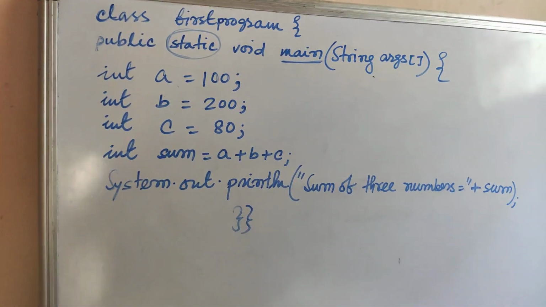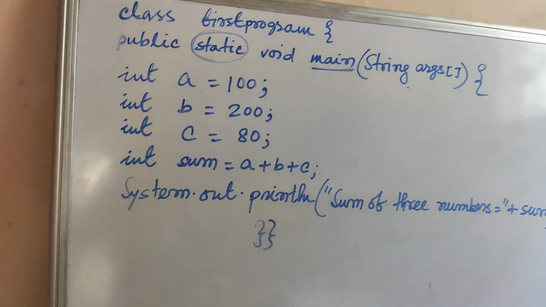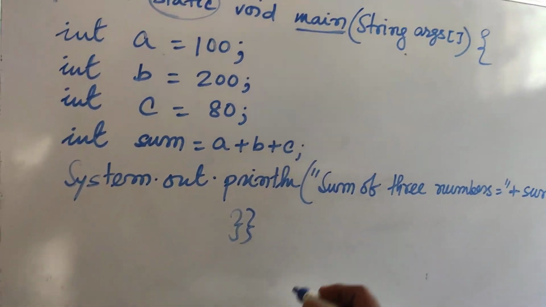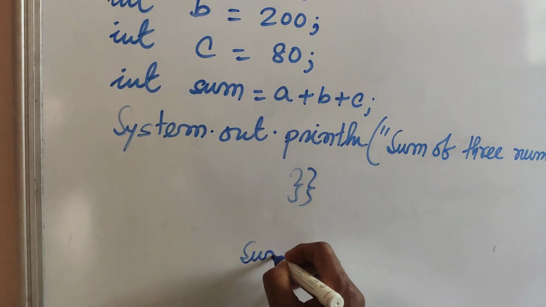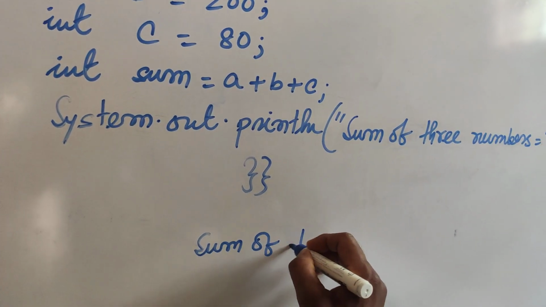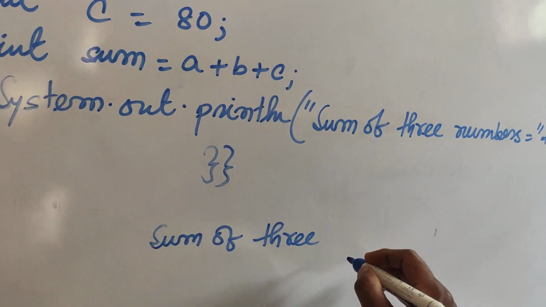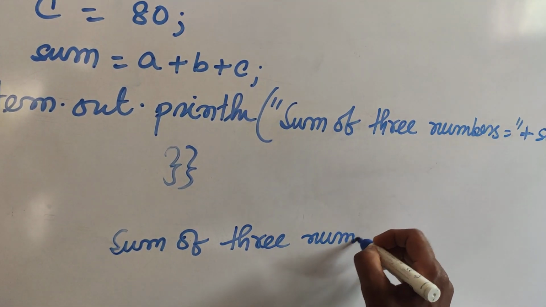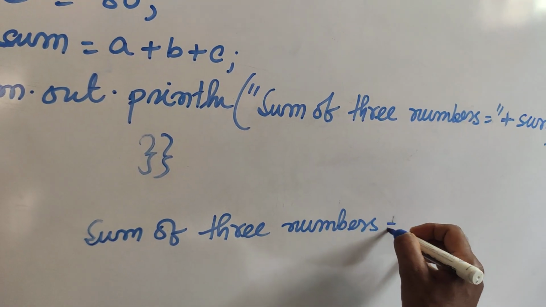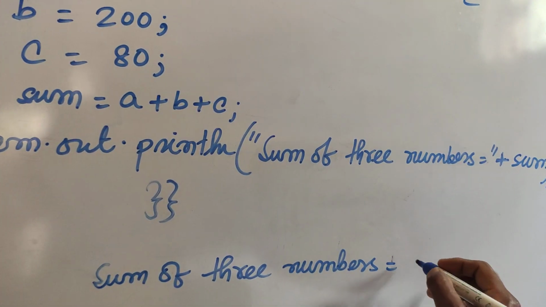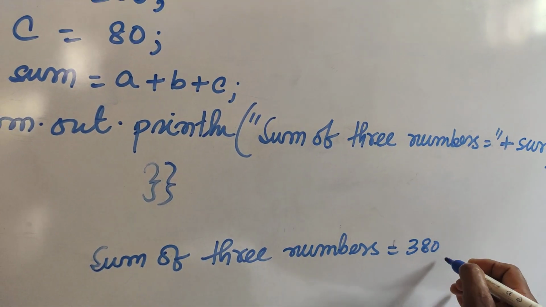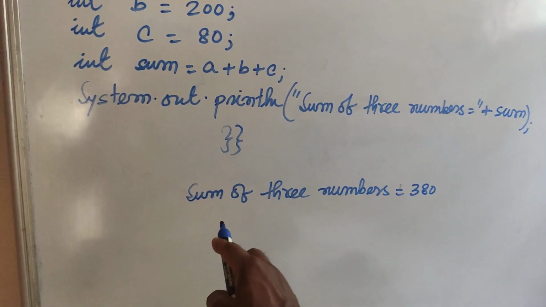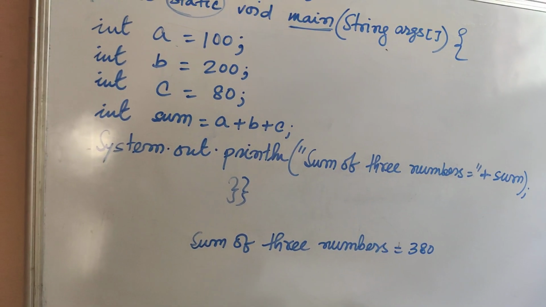Then after you compile this and run the program, the output will come: sum of three numbers equal to 380. It will display on the screen.